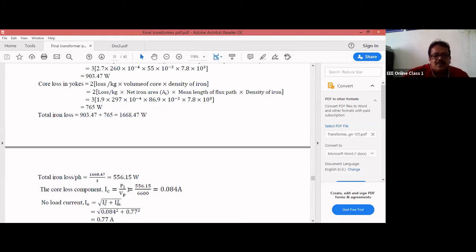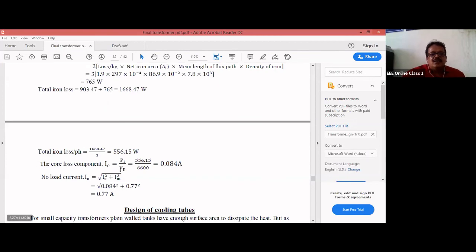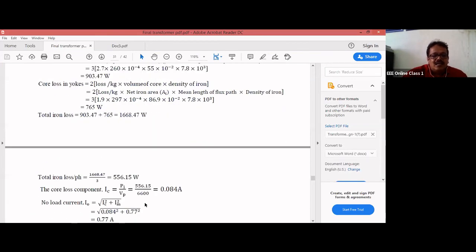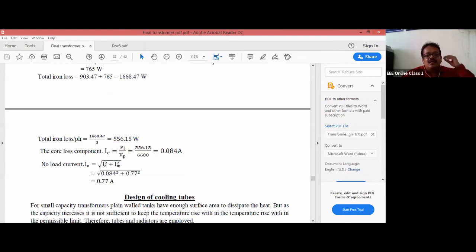Ic is equal to Pi divided by voltage on the primary side: 556.15 divided by 6600, and we got Ic equal to 0.084. Once you have Ic and Im, you can calculate the no load current I naught, the root of Ic square plus Im square: 0.084 square plus 0.77 square.